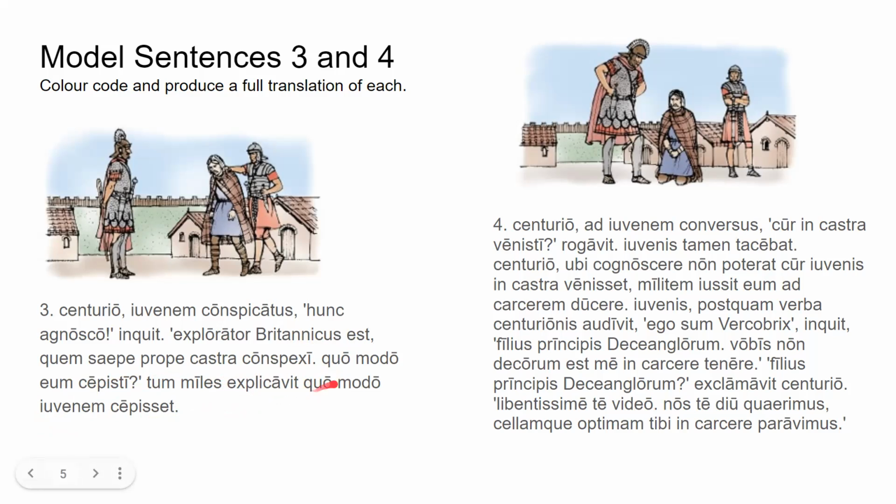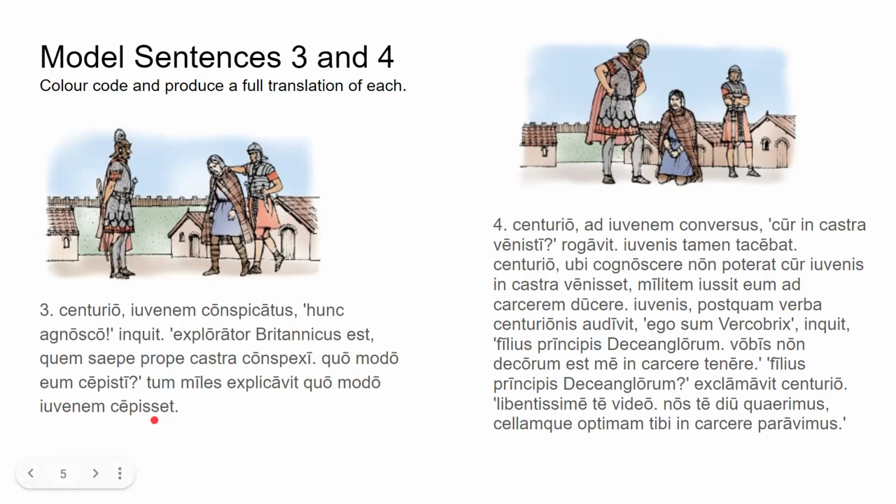So quomodo here is going to introduce an indirect question, indirect statement, if you will. There's a lot of overlap in indirect speech between using subjunctives and using infinitives. You'll get used to it the more you see. So then the soldier explained how he had captured the youth.